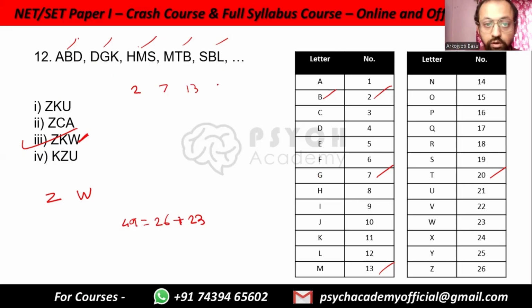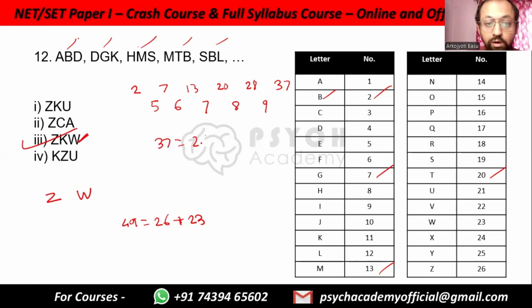After that we have 20, and B is again after Z. So 26 plus 2 is 28. Let's see. 2 and 7, the difference is 5. 7 and 13, the difference is 6. 13 and 20, the difference is 7. 20 and 28, the difference is 8, which means difference will be 9 here. 28 and 9 will be 37.